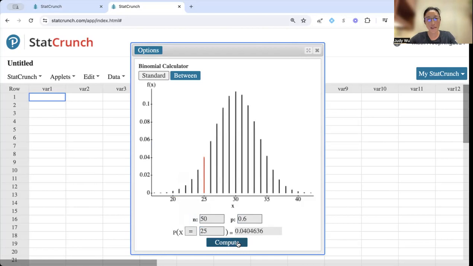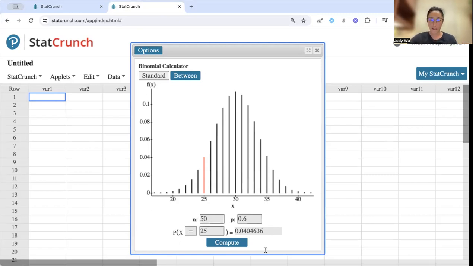I'm going to ask it to compute, and there should just be one red bar at 25, and the height of that bar gives us that probability. So we have 0.0404, or about a 4% chance of getting exactly 25 adults that prefer saving.